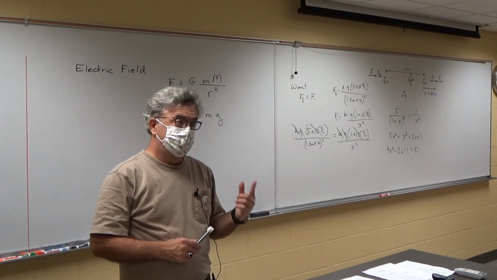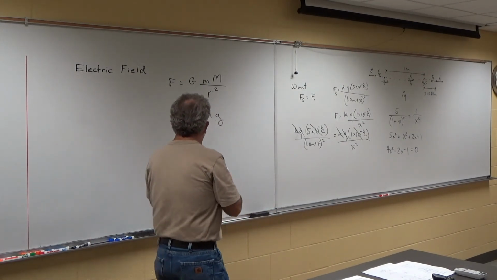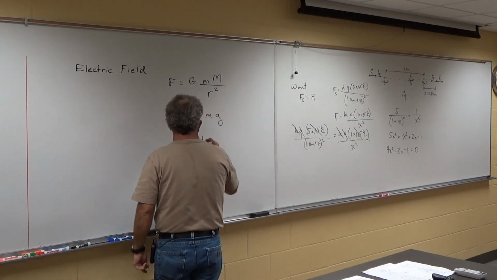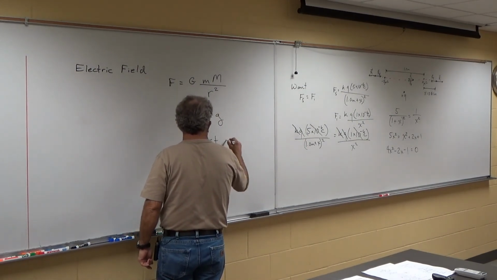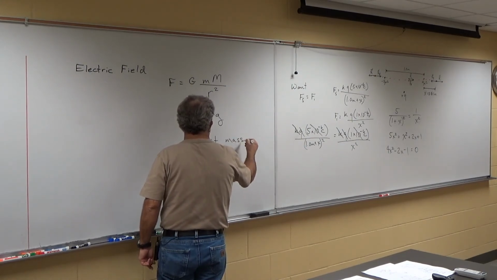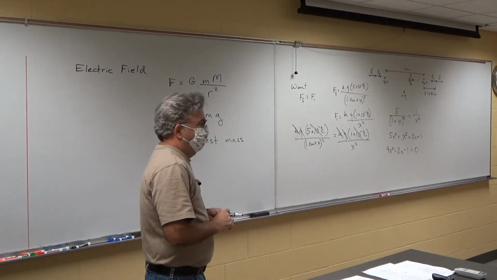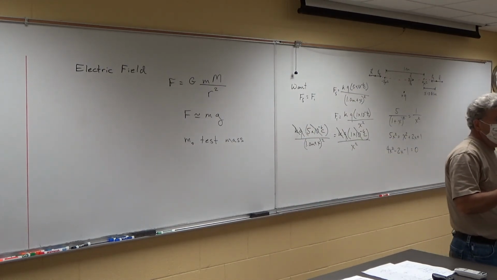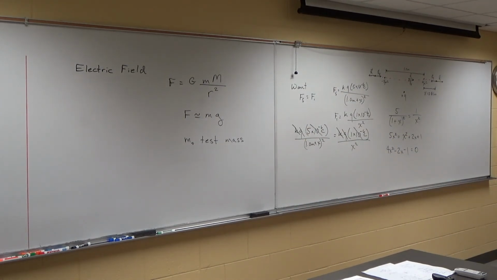What I could do is take a little test mass, m naught. I'll call it a test mass. And move it around, and if I have a really, really accurate scale to measure the force, I can move this little test mass around in the room and calculate the force on that little test mass everywhere in the room.